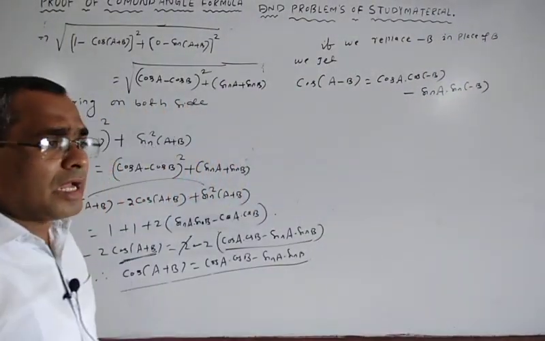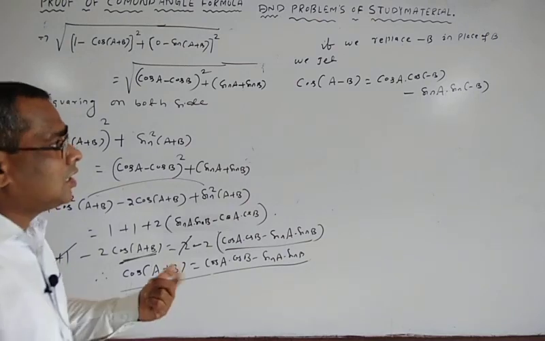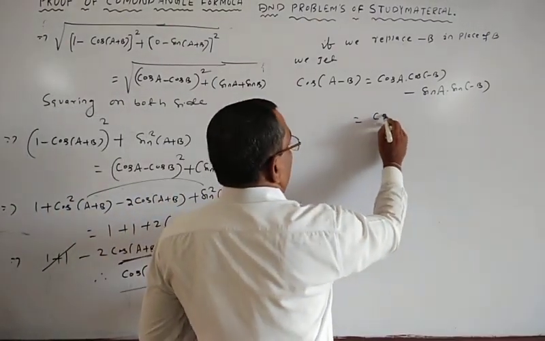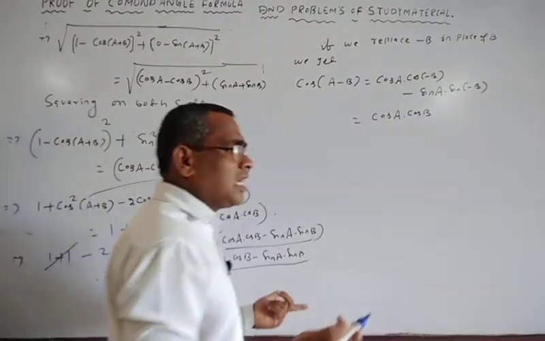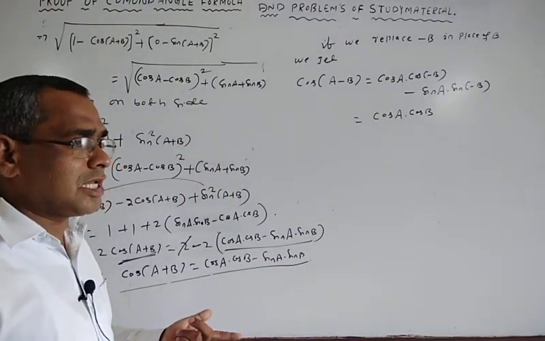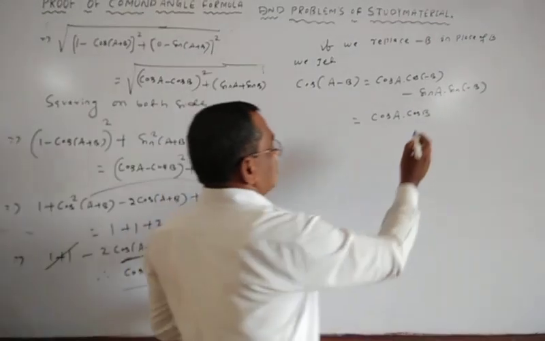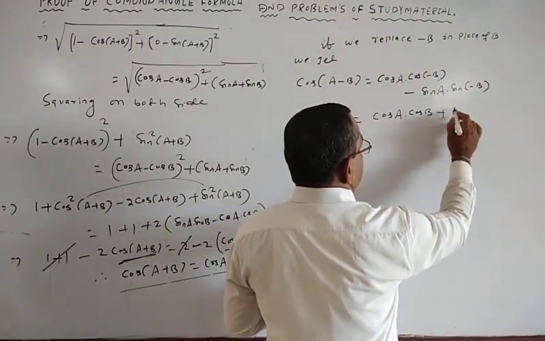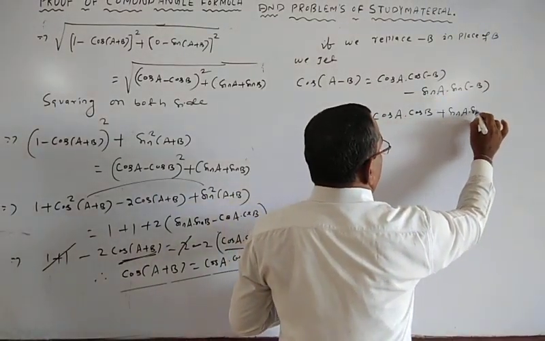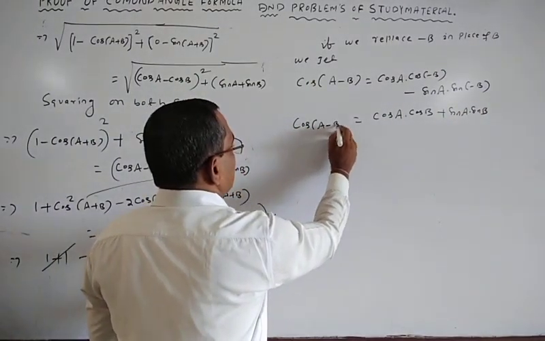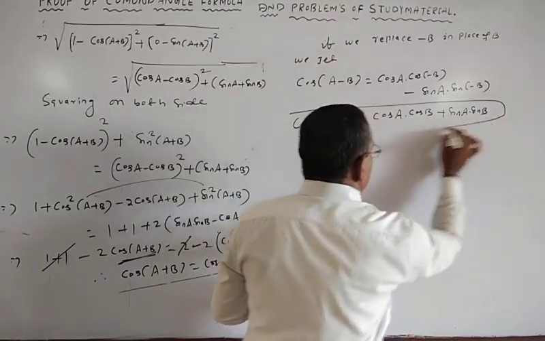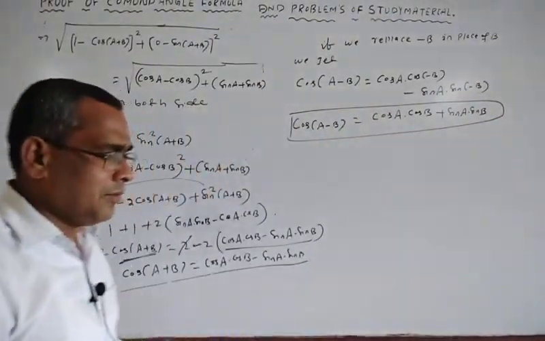But we know sin of minus b is equal to minus sin b, because cos of minus theta is equal to cos theta, but sin of minus theta is equal to minus sin theta. So we get cos a cos b plus sin a sin b. Okay, so cos of (a minus b) is equal to cos a cos b plus sin a sin b.